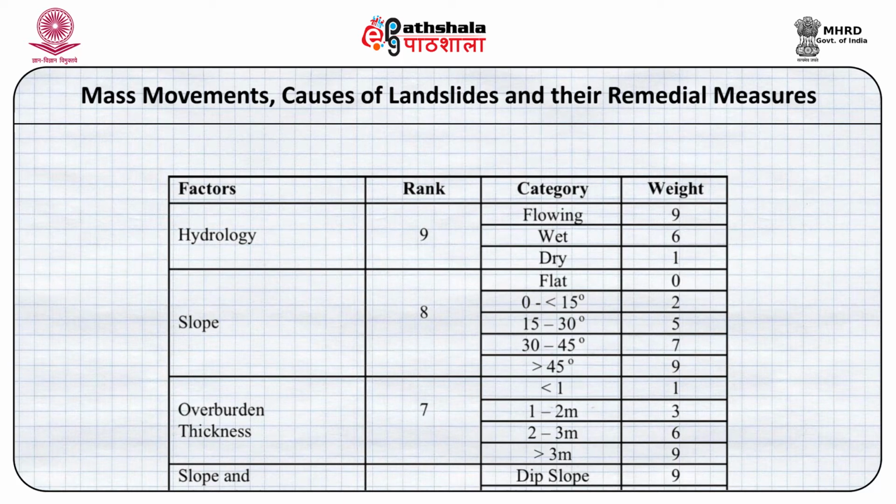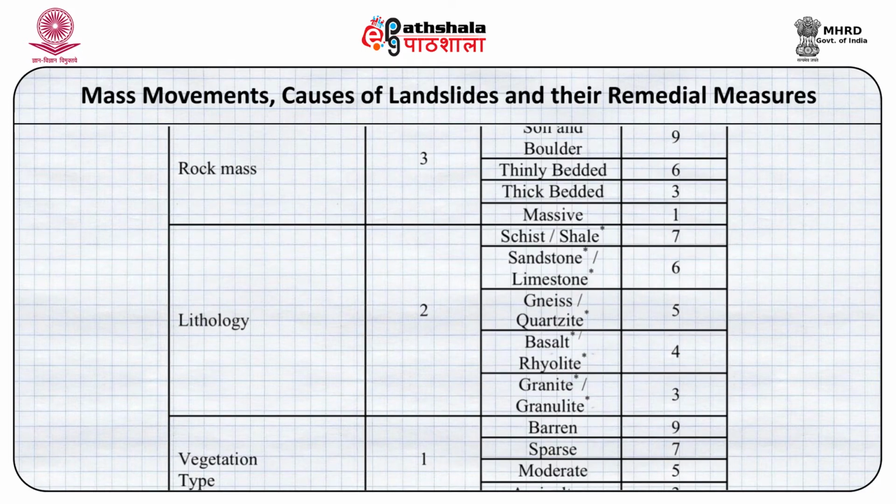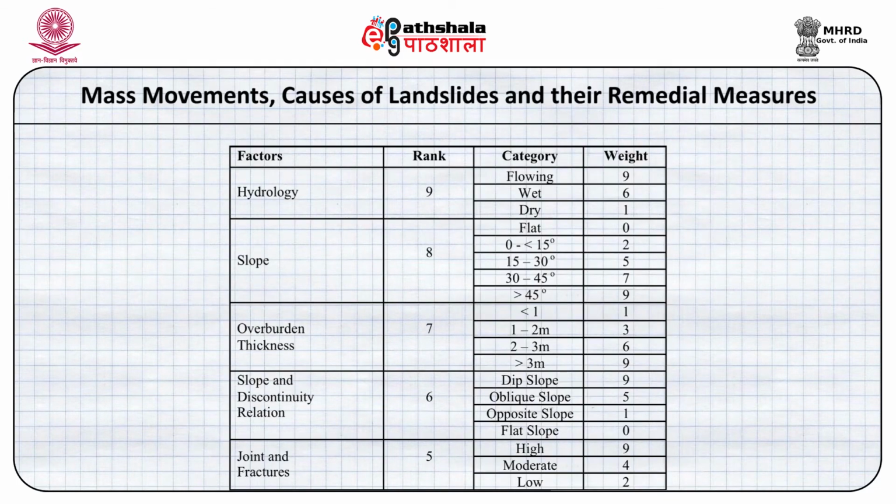1. Accordingly, slope, overburden, slope and discontinuity relation, joint and fractures, weathering, and rock mass have each been classed into 3, 4 or 5 categories, and each category has been given numbers. The more problematic conditions have been given higher numbers.